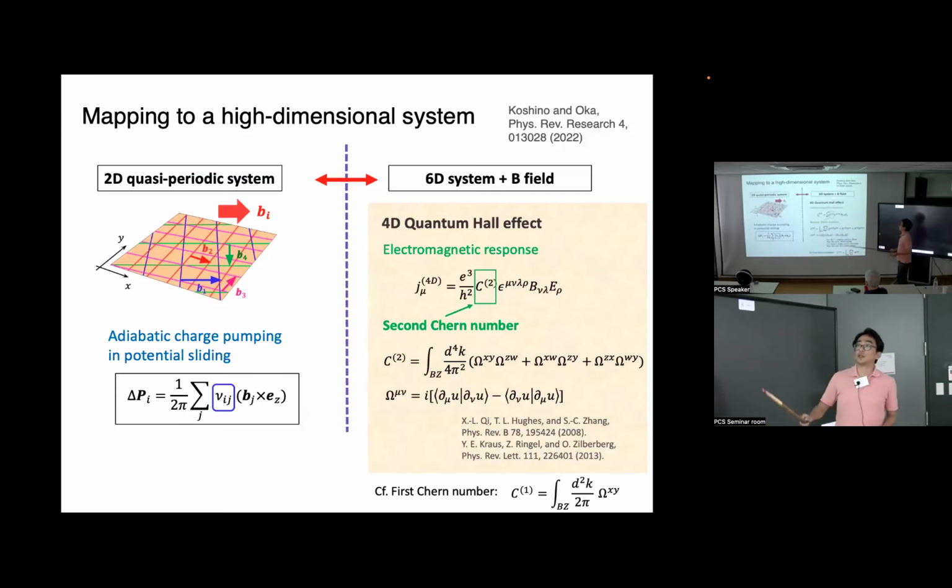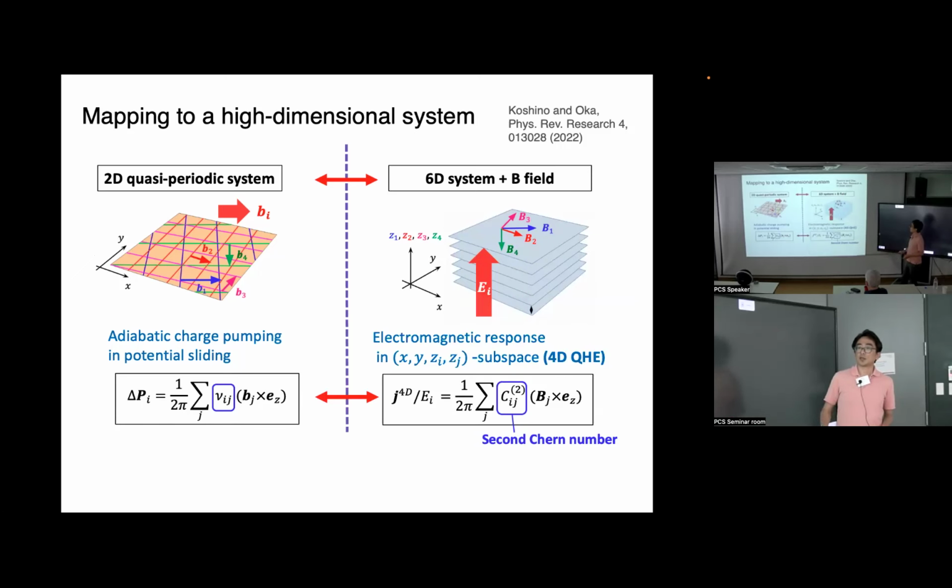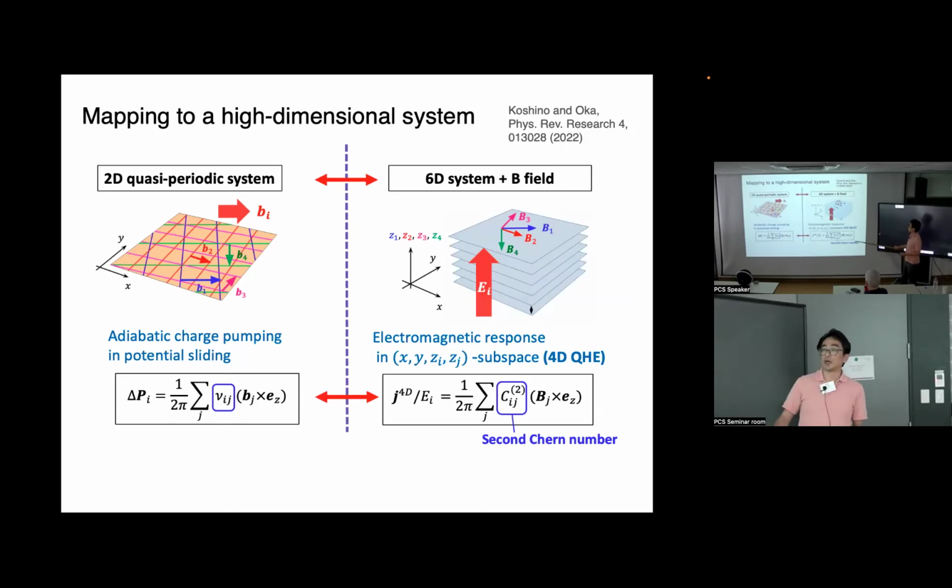And we actually have this, and this is a 6D system, and we have a 4D quantum Hall effect in a subspace system. This is quantized by the second Chern number. Originally it was the quantum Hall system first, but this is some imaginary effect, and this is the second Chern number. Anyway, those numbers are actually the gap labels.